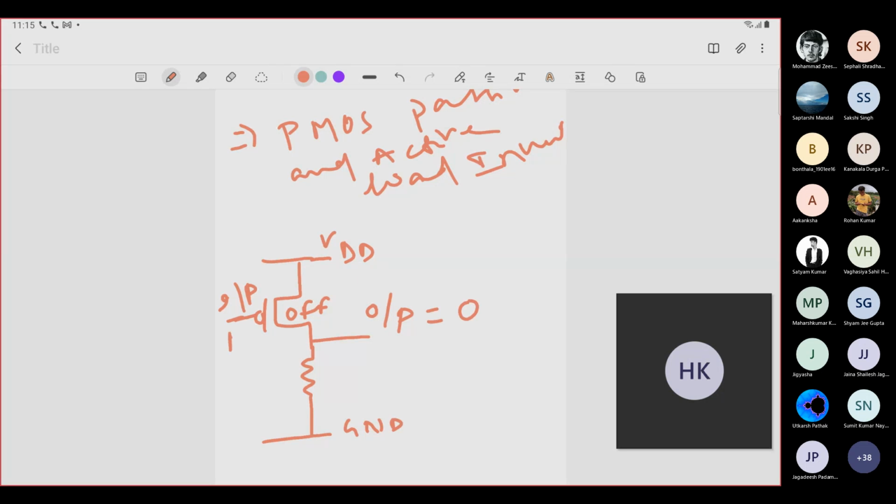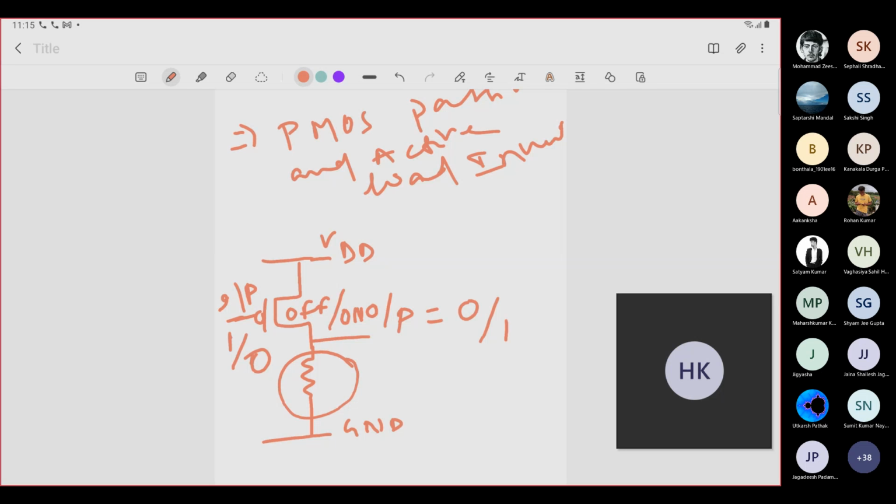And when the input is 0, then this PMOS will be on, normally on. Now the output will be tied to the VDD, and that will give the logic 1. So here the load is connected through this resistor, so this is a passive load.